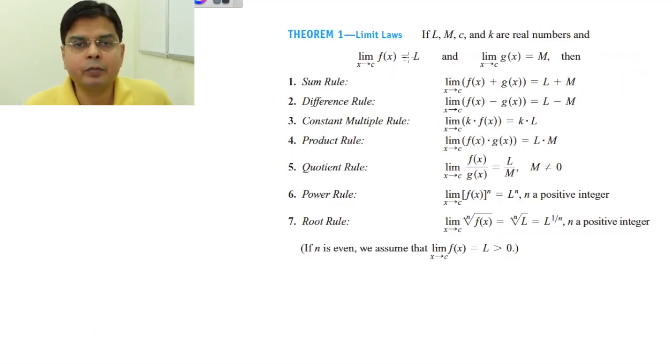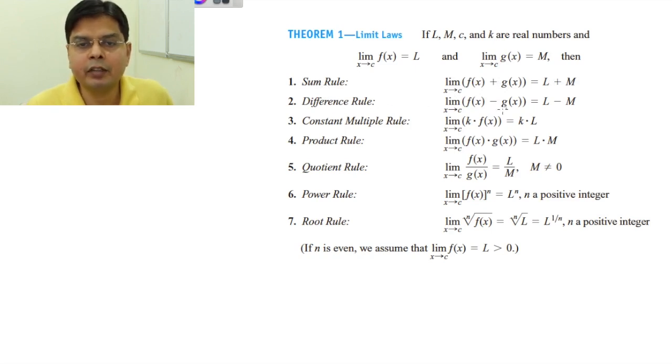Some limit laws: if L, M, c and k are real numbers and L is the limit of say a function f(x) as x tends to c, similarly M is the limit of say a function g(x), then there are different rules. Sum rule: the limit of a sum of functions is equal to the sum of limits.